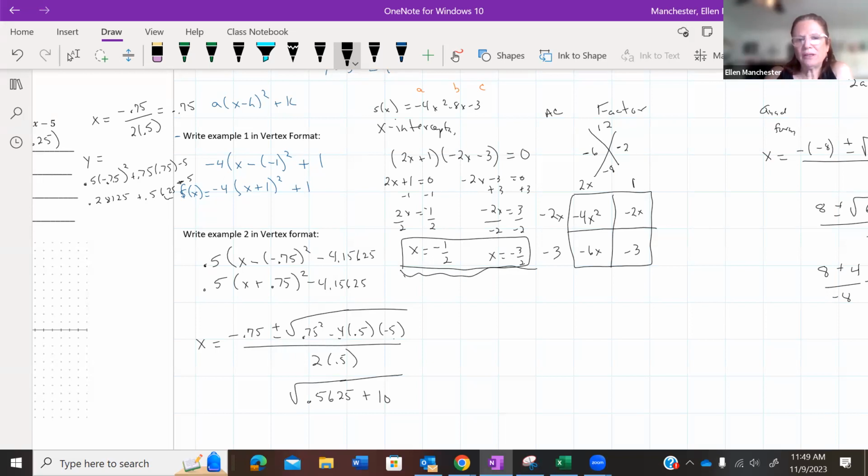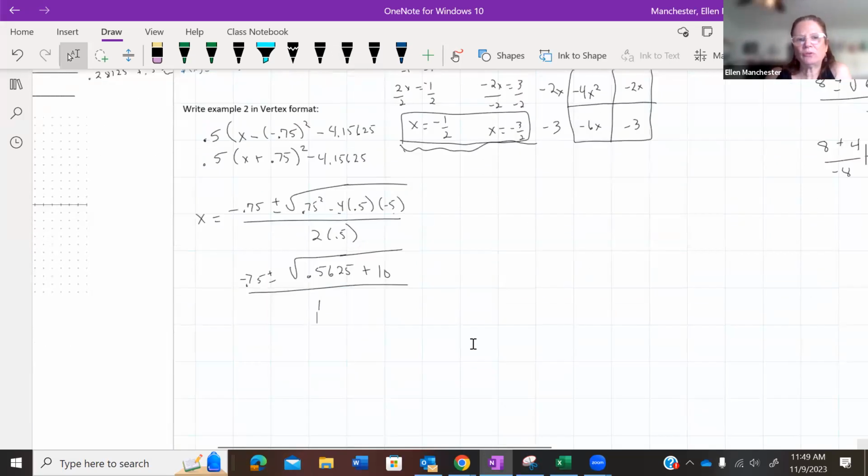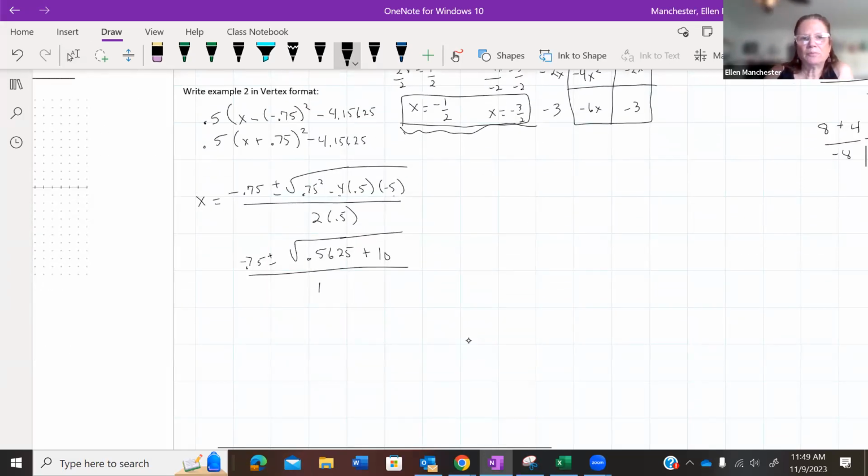I have 2 of them. That's an even number, so I know it's a positive. And 2 times 0.5 is just 1. So negative 0.75 plus or minus the square root of 10.5625. Okay, and over 1, I don't even need it, because anything over 1 is just the top.